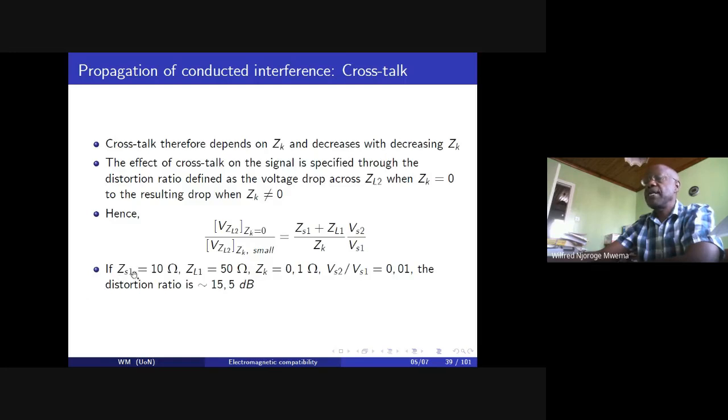So if ZS1 has a 10 ohm resistance, and ZL1 is a 50 ohm resistance or termination, then Zk is 0.1 ohm, then we can see that VS2 by VS1 is about 0.01, and the distortion ratio is about 15.5 dB.